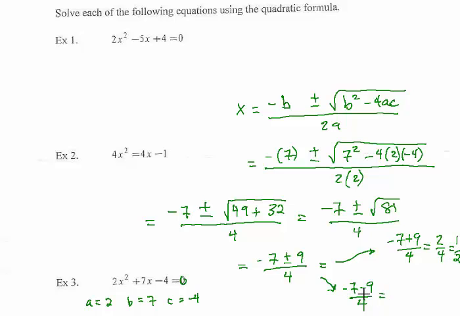And then negative 7 minus 9 is negative 16 divided by 4, and we get our second solution. So in this case we end up with two real solutions. There was no i because the radicand turned out to be positive. So negative 4 and 1/2 are our real solutions.